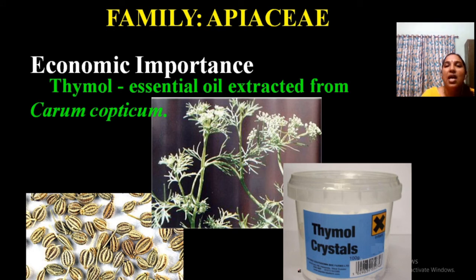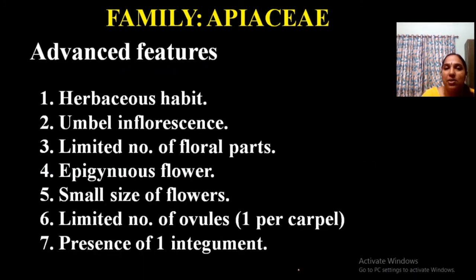Another economic importance is the essential oil extracted from Carum copticum, a plant belonging to this family. Its essential oil is thymol, and thymol crystals are available in the market. The economic importance of the family Apiaceae is also asked in examinations. So just remember the names of the plants: malli, carrot, jeeragam, etc.